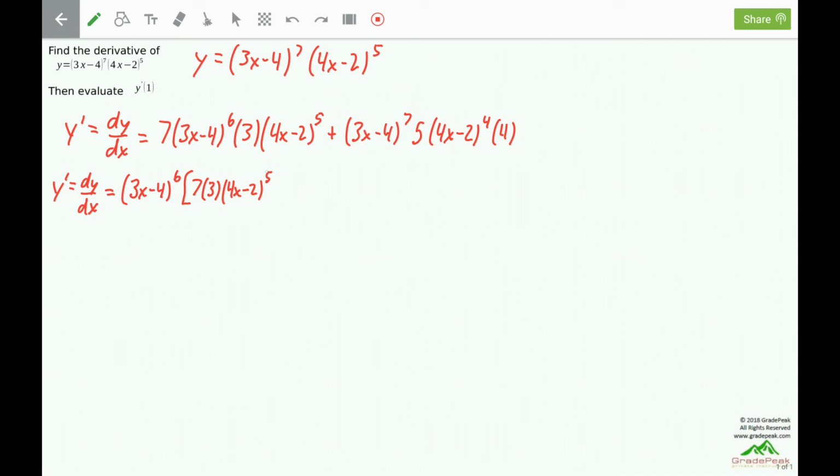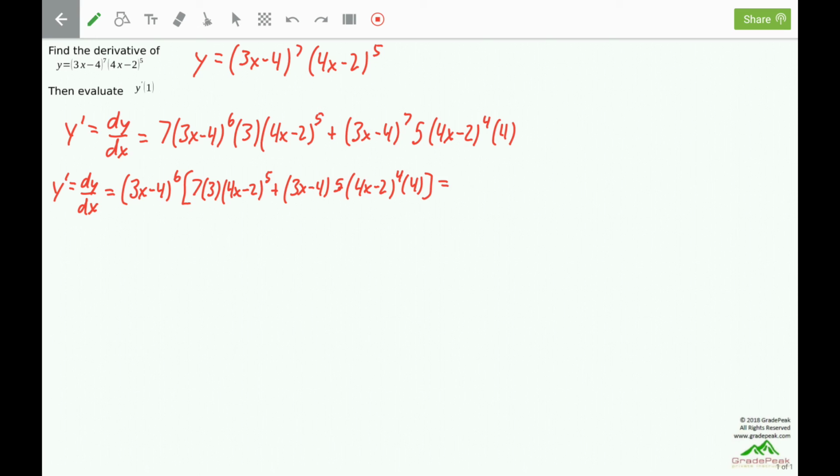For the second expression, it's going to take out 6 of the 7 power, so it will remove 6 of those, leaving 1 behind. And there's what's left for that one. So we'll have a (3x minus 4) to the first power. We'll have a 5. We'll have a (4x minus 2) to the 4th, and we'll have the 4.